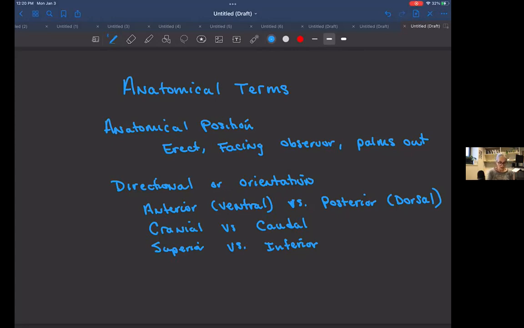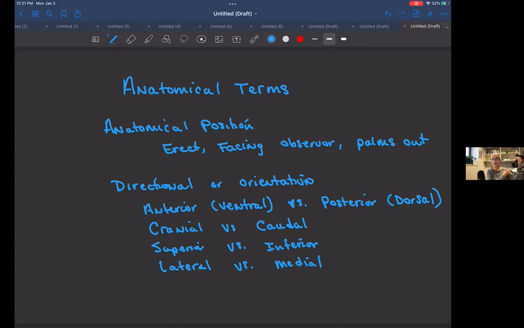We could also talk about lateral versus medial. So lateral is off to the side. My ears are lateral to my nose. My nose is medial to my ears. Okay, lateral versus medial.